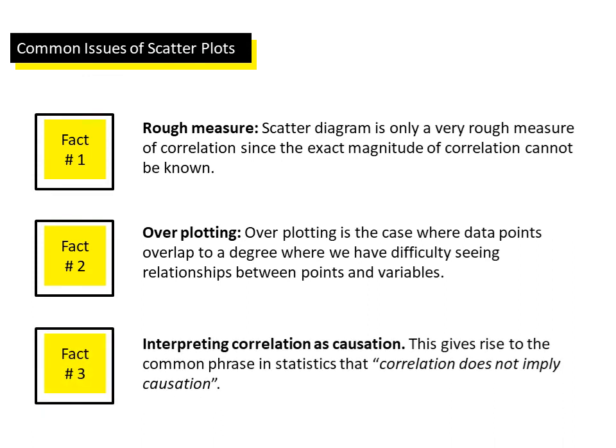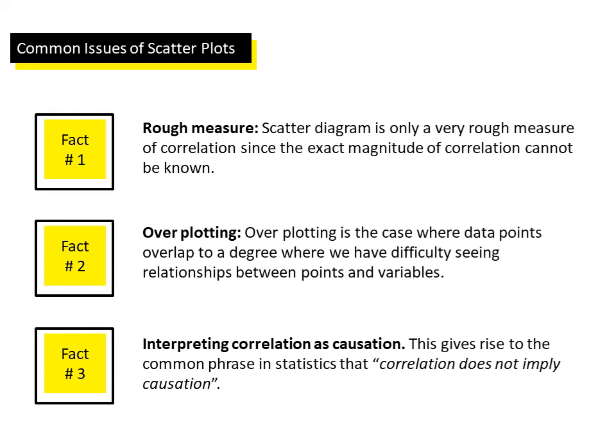Third, interpreting correlation as causation. This is not so much an issue with creating a scatter plot as it is an issue with its interpretation. Simply because we observe a relationship between two variables in a scatter plot, it doesn't mean that changes in one variable are responsible for changes in the other.